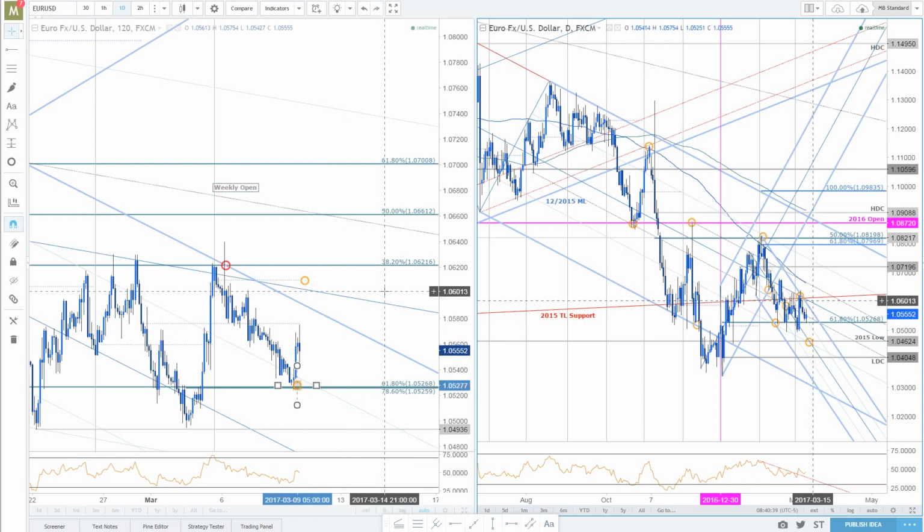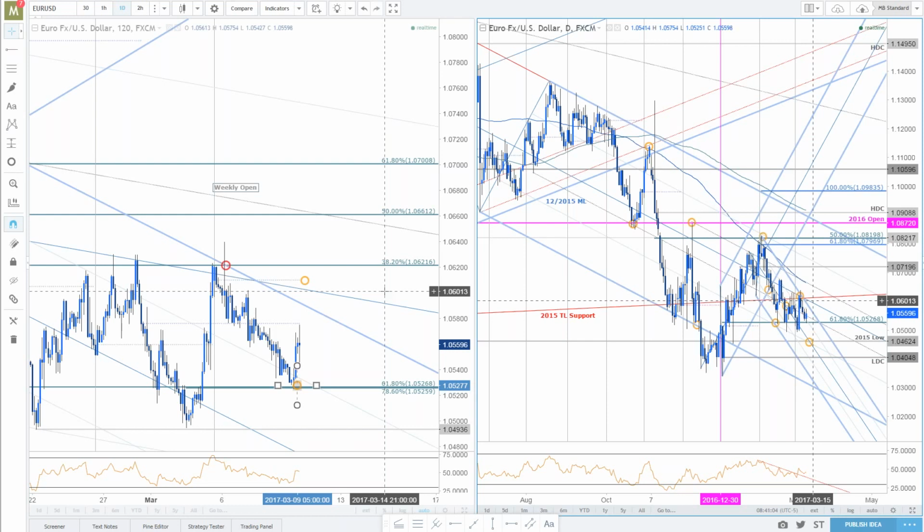Could be the play. I'd caution everyone ahead of NFPs, just because we got a ridiculous number yesterday with the ADP print, and you know the variable nature of it is always going to be an interesting trade. So let's just say keep the trade sizes light heading into the release, and then we'll have to see if we get a knee-jerk reaction on NFPs tomorrow. Might be a great fade opportunity for the dollar.